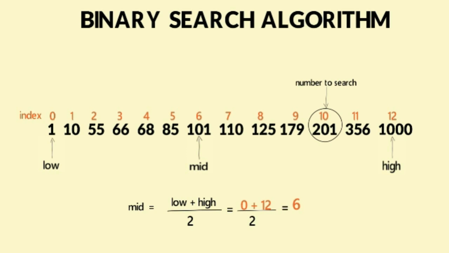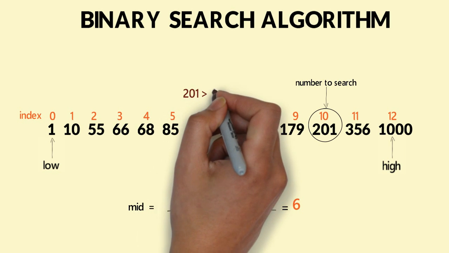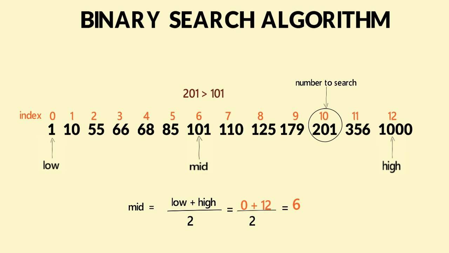Now we need to determine whether the mid element is less than, equal to, or greater than the number we are searching. So first we compare with equals. In case we have already found the number, then we can stop searching at this point. So we compare 101 to 201, and we find that 201 is greater than 101.